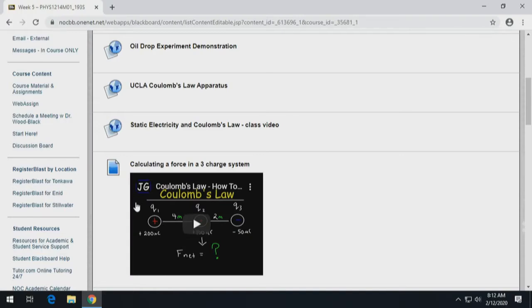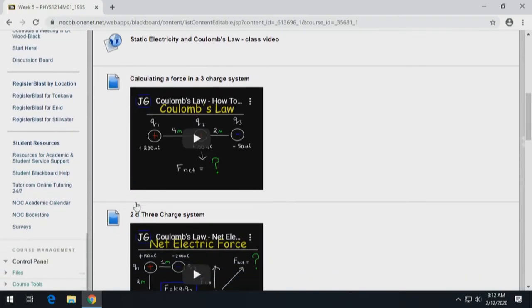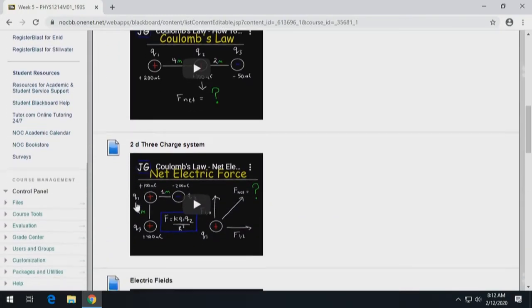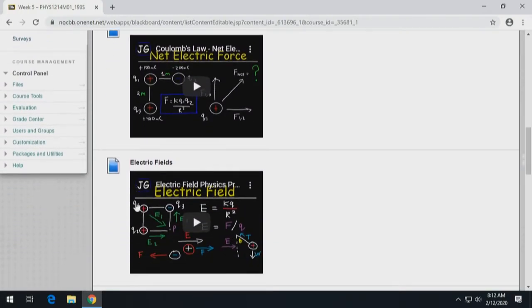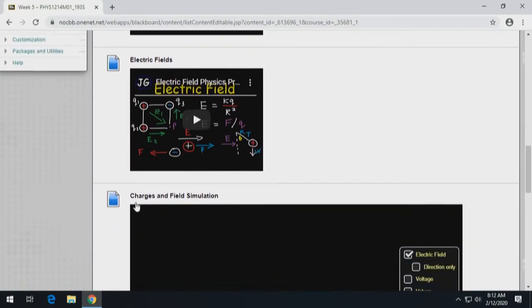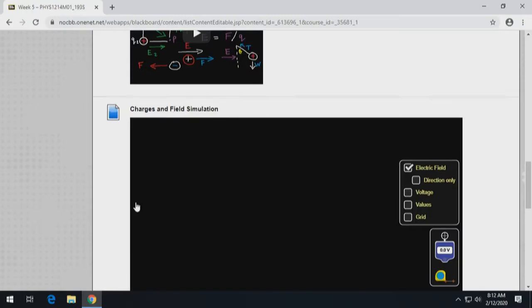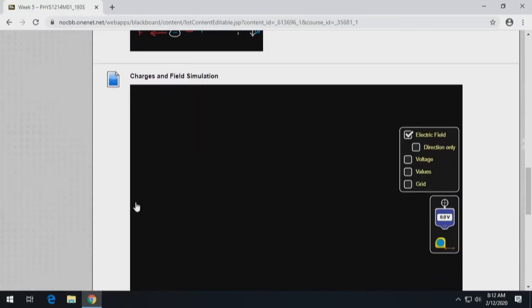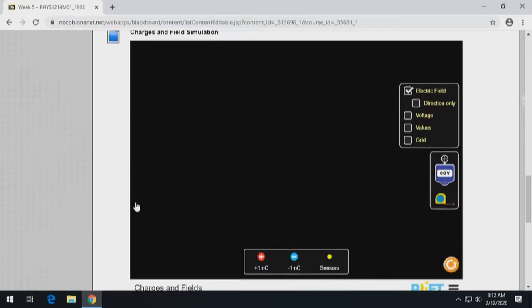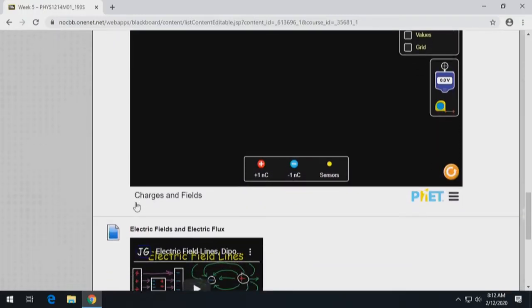He does more than organic chemistry, but that's how he started. And he's got a lot of good stuff, including Coulomb's law. We've got Coulomb's law, net charge, electric fields, and I have the charges and field simulation already embedded in Blackboard. So you've got lots of stuff.